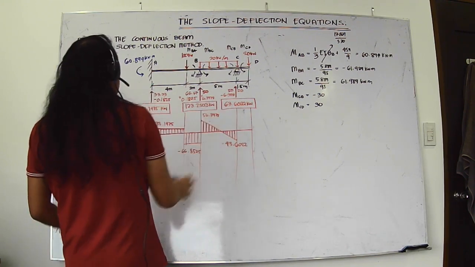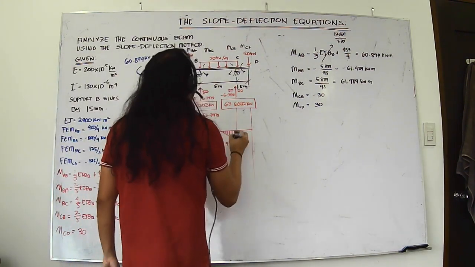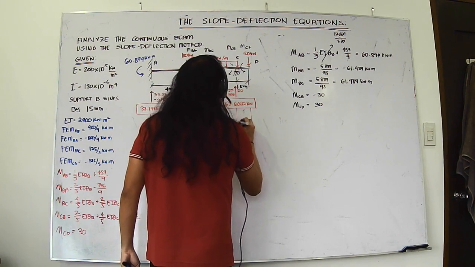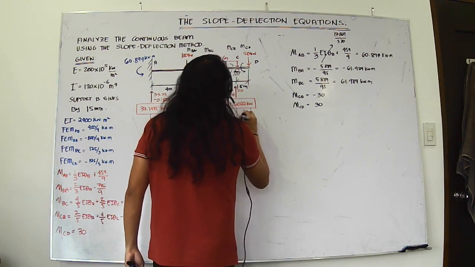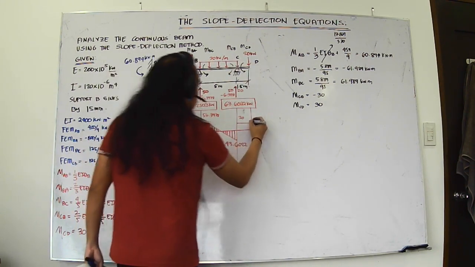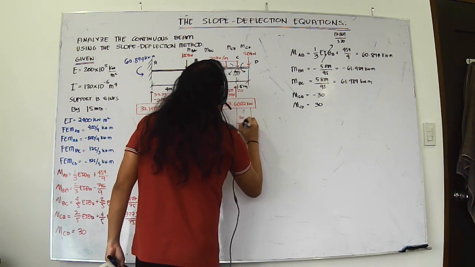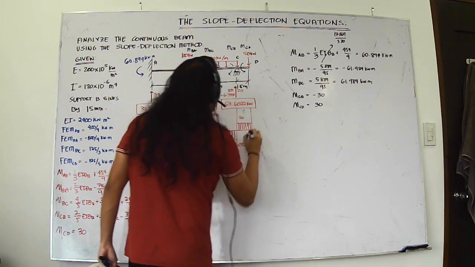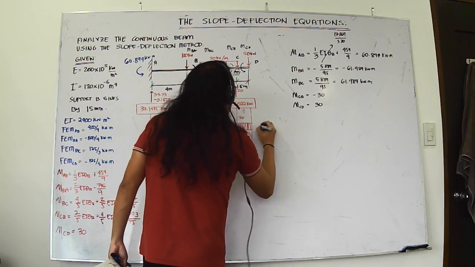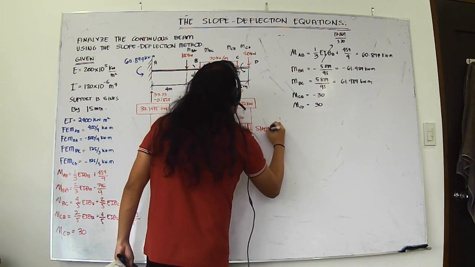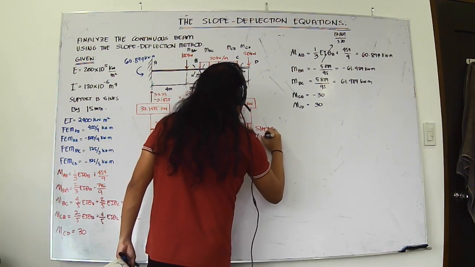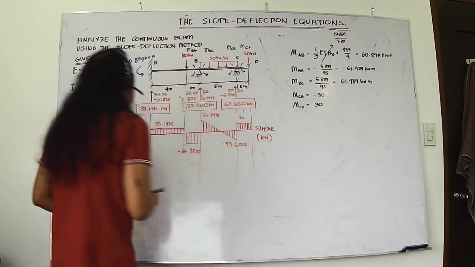This plus this should be equal to 20, which brings everything back to equilibrium. Okay? This is our shear diagram, in kilonewtons.